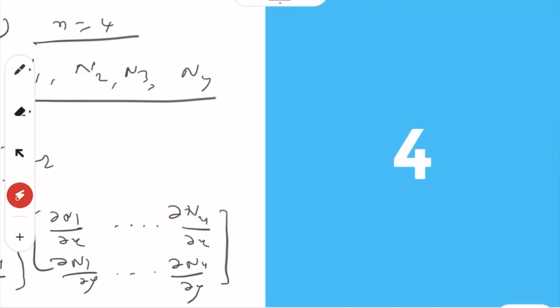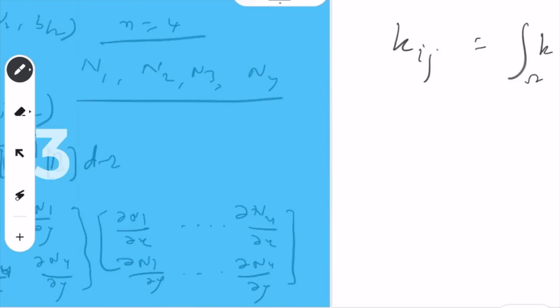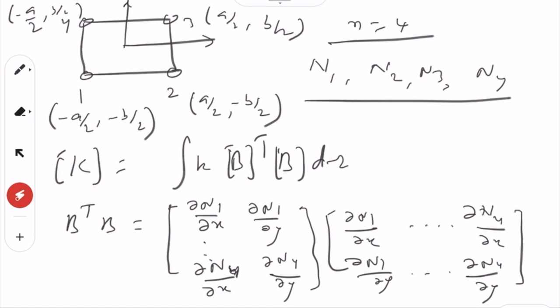So basically what I mean is k11, or kij, you can simply write kij equal to k multiplied by the ij term, where i means the ith row and j the jth column.